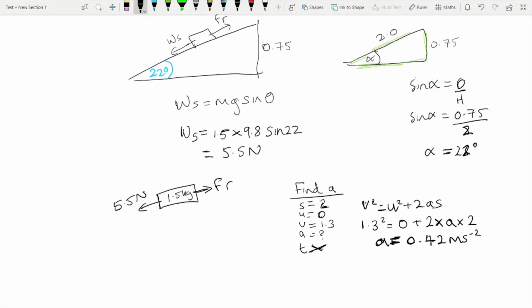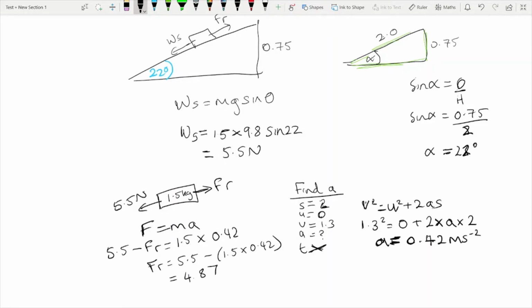Then we can use that in our F equals ma. It's going to be 5.5 minus the frictional force equals 1.5 times 0.42. So the frictional force will be 5.5 minus 1.5 times 0.42, which comes to 4.87 newtons.